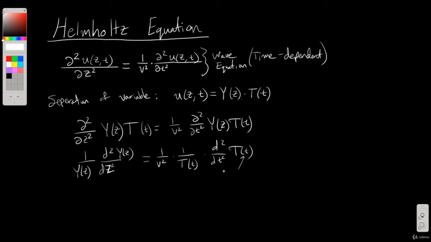A fundamental part of the separation of variables technique is that when you have one side of the equation dependent on one variable, in this case z, and the other side of the equation only dependent on another variable, t, then this technique, and you can prove this, tells us that each side has to be equal to a constant.